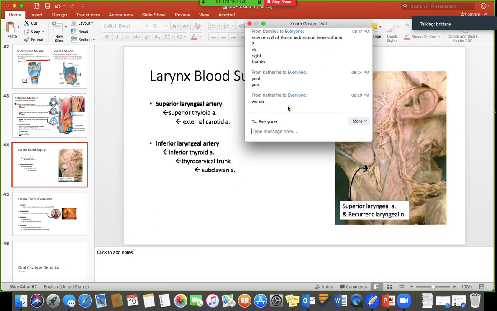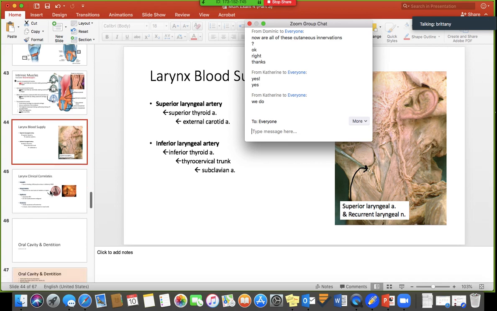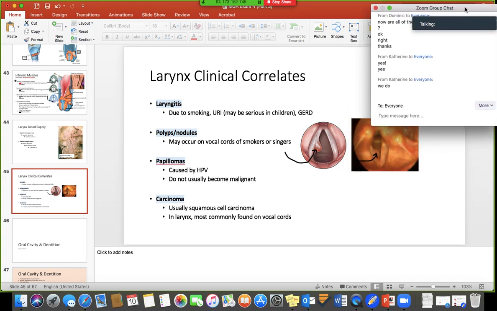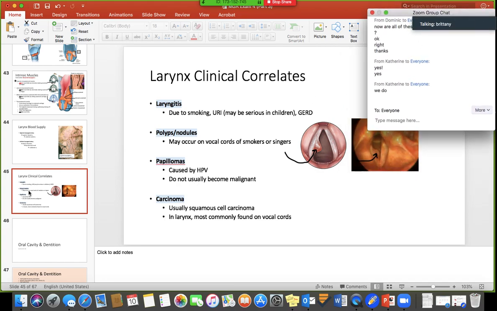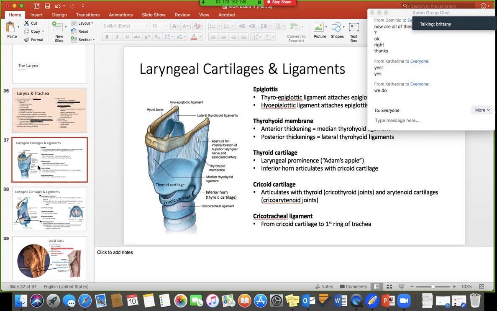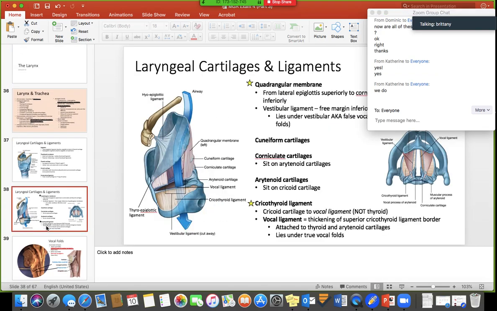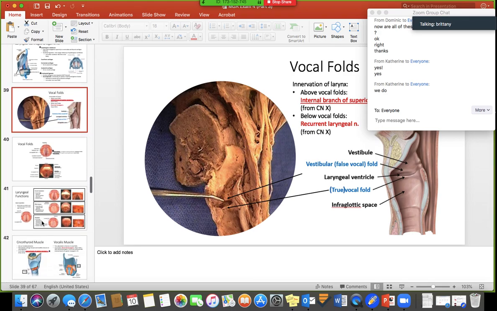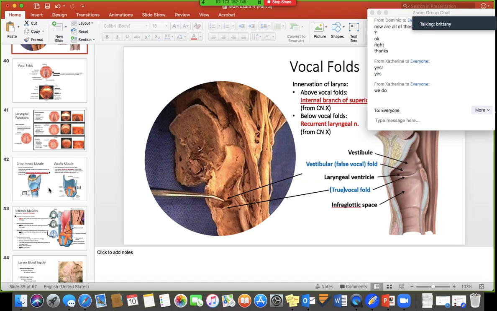Blood supply. Don't remember any questions coming from that. Don't worry too much about this stuff. So with the larynx, really the main thing is being able to identify all the parts, identify all the muscles, and know your innervations.